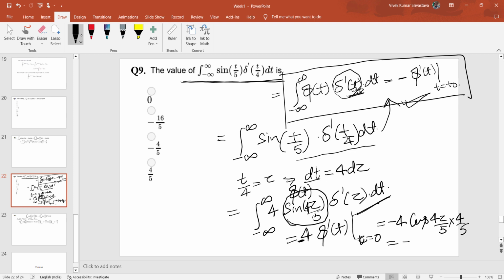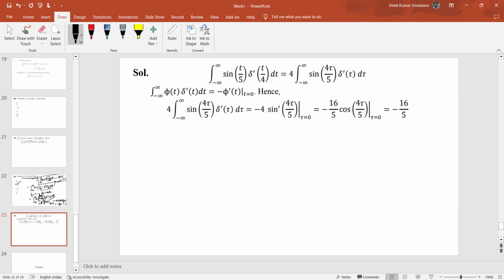So this will be minus 16 by 5, defined for tau equals 0, where cos is 1, so this is minus 16 by 5. So this option is correct for this problem. That is how we can use the property of the delta function to solve any problem.